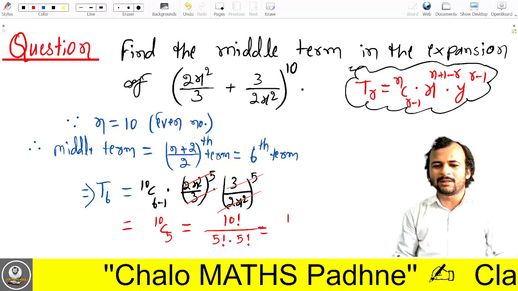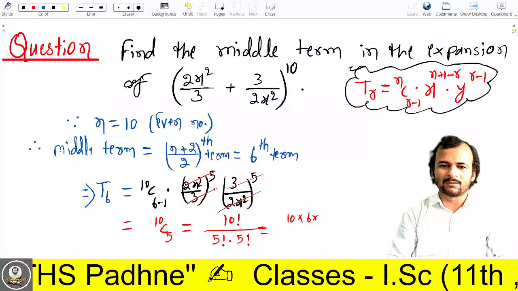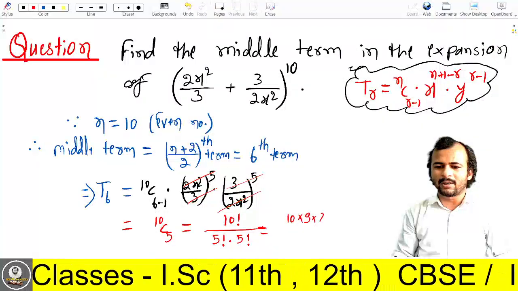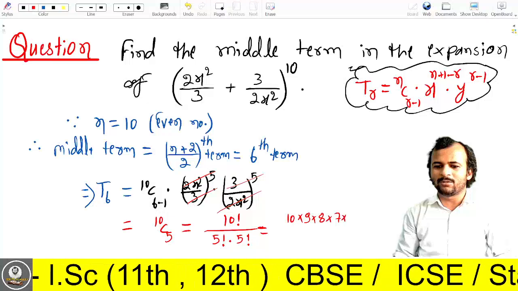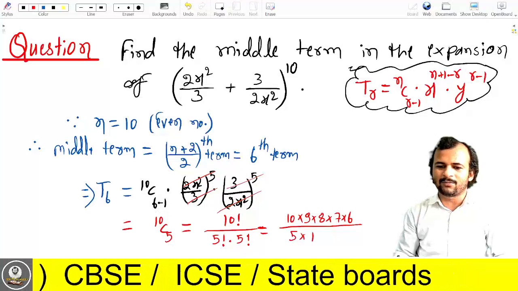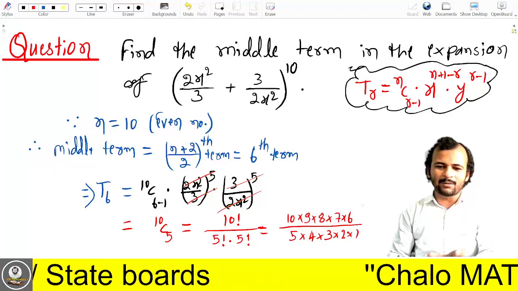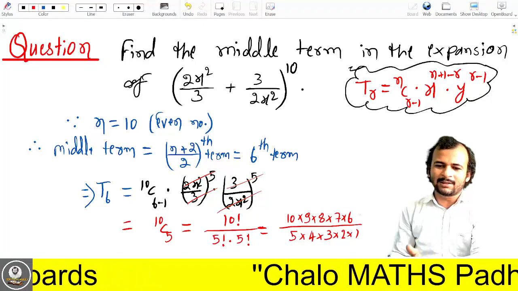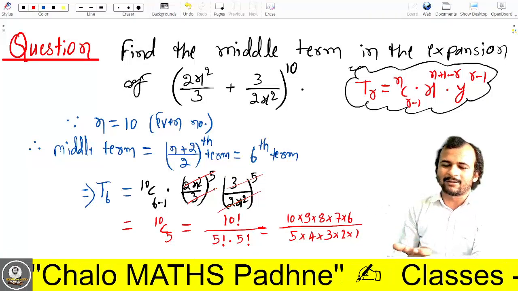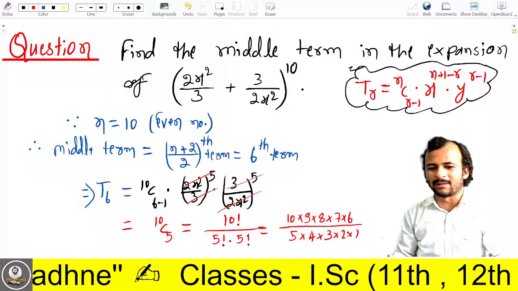And we get here 10 into 9 into 8 into 7 into 6 divided by 5 factorial, means 5 into 4 into 3 into 2 into 1. Why? Because after 6 we write 5 into 4 into 3 into 2 into 1. This is 5 factorial, and it becomes cancelled by the 5 factorial in the denominator, right?